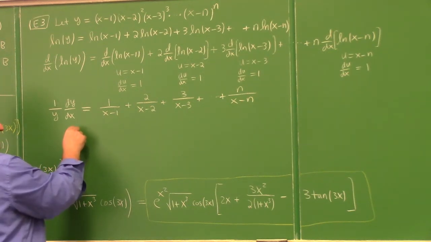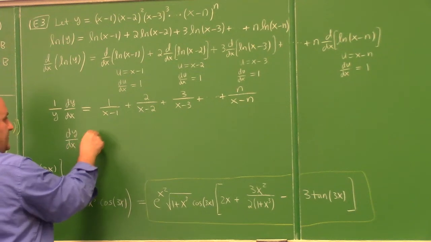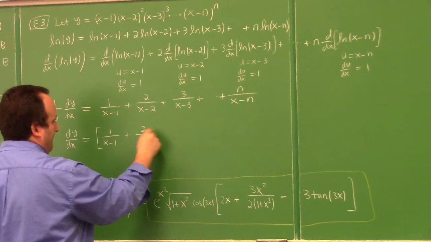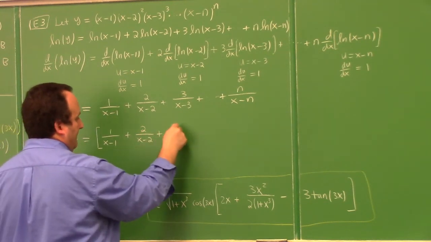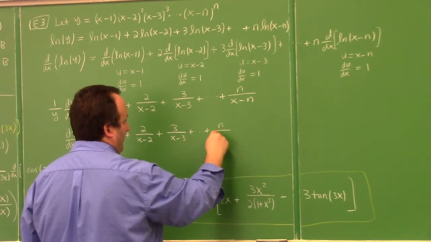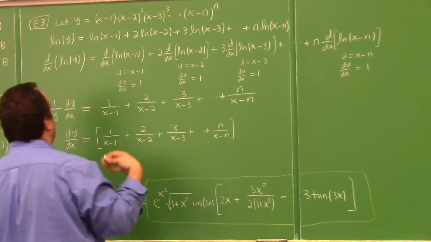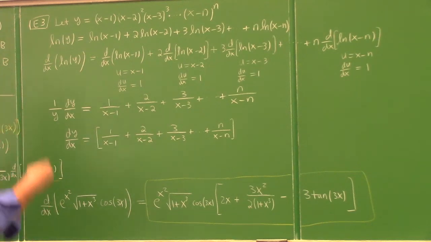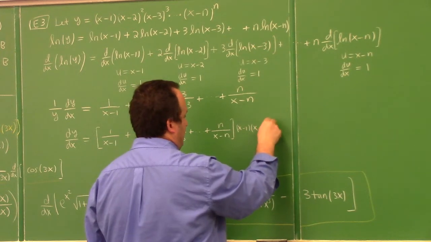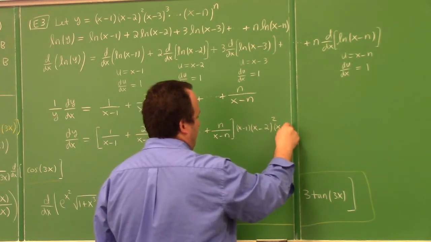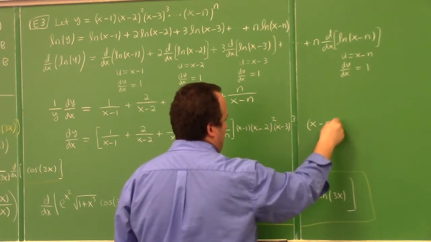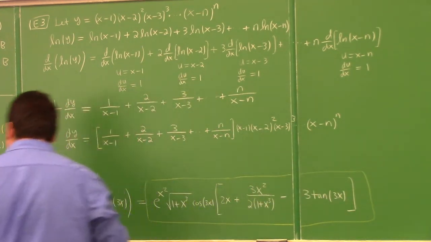This is the answer. dy dx is equal to all this stuff times y. What is y, though? y is x minus 1 times x minus 2 squared times x minus 3 cubed, all the way out to x minus n to the n. There you go.